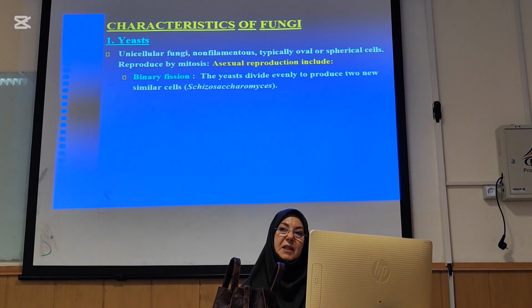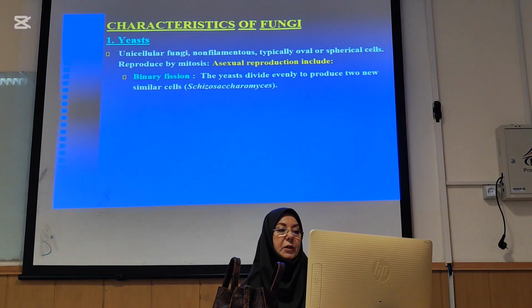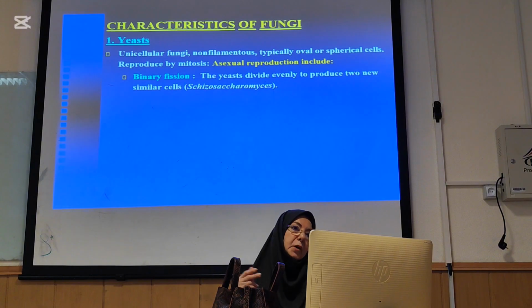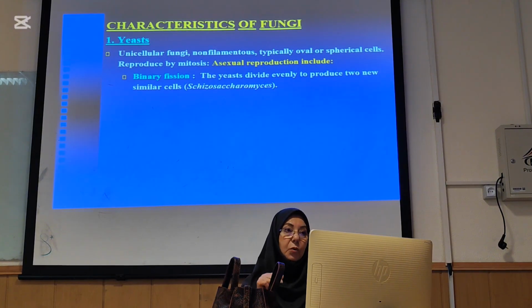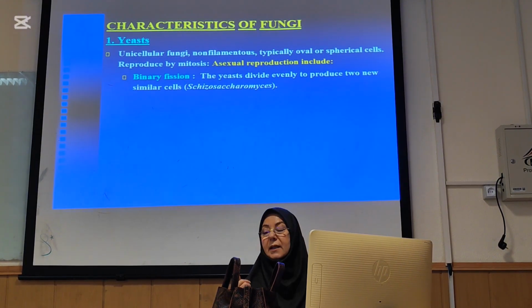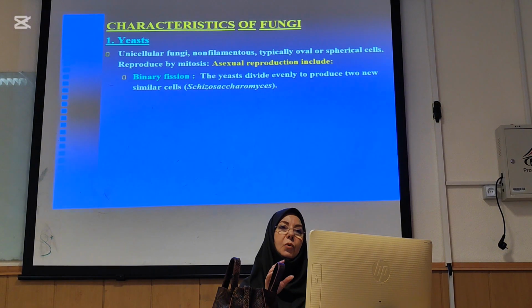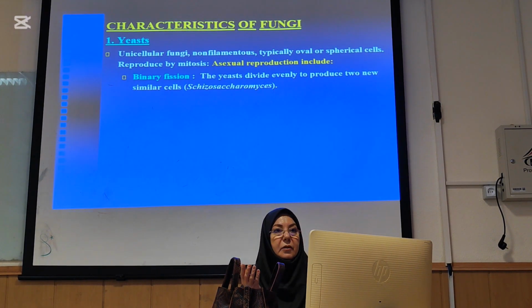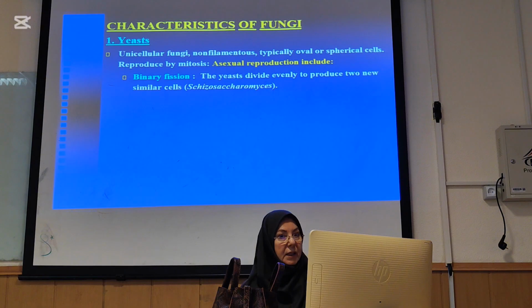So asexual reproduction among the yeast usually is seen by two methods, binary fission and budding. More important among the yeast is the budding form, not binary fission. Just among the old fungi can you see the binary fission method of reproduction, and always you can see the budding method among the yeast.